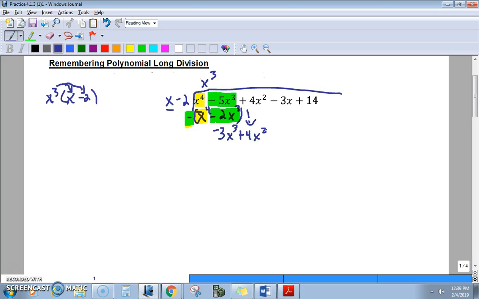And then I'm going to ask myself, how many times can x go into negative 3x cubed? I need that negative 3, so it's going to be negative 3, and then x squared, because I already have one x here.